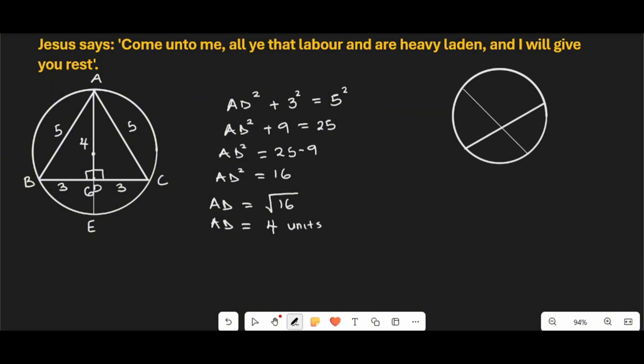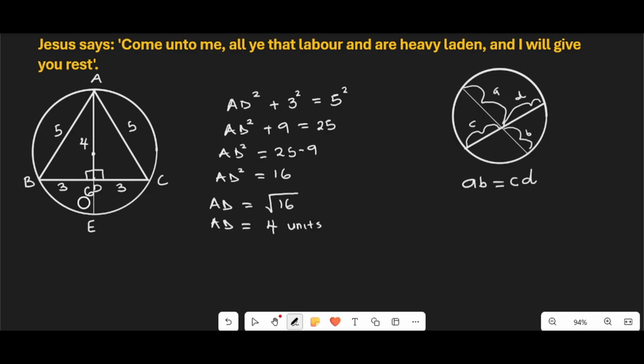Let us say from this point to the point of intersection, let us label it A. From this point to the point of intersection, let us label it B. From this point to the point of intersection, let us label it C. From the point of intersection to this point, let us label it D. The theorem says the product of A and B is equal to the product of C and D. So mathematically, the theorem says AB equals CD.